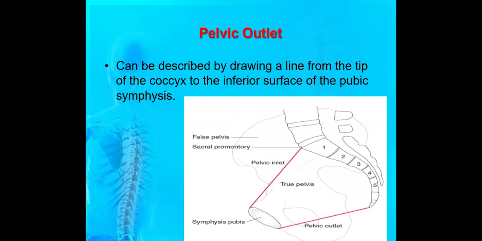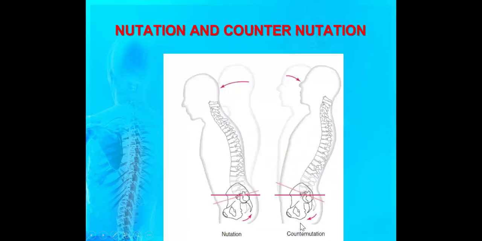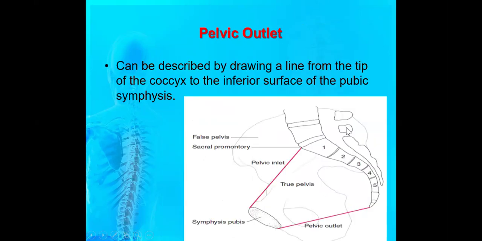If we draw a line from the top of the symphysis pubis to the top, the base of S1, that will be called the pelvic inlet, and if we draw a line from the bottom of the symphysis pubis to the tip of the coccyx, that will be called the pelvic outlet. So this is nutation, this is counternutation, and this is the pelvic inlet and pelvic outlet.